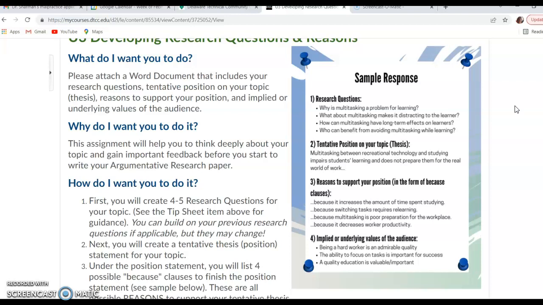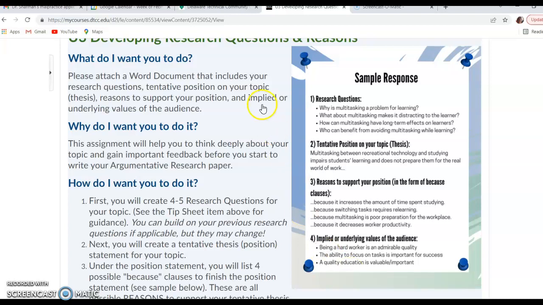And so you're not bound by just what you did in Unit 2 or even in Unit 1. So you can be a little broader in what you want to prove. You can see a little sample here that you can follow as you're creating your document. So you will do this on your own document and submit that.